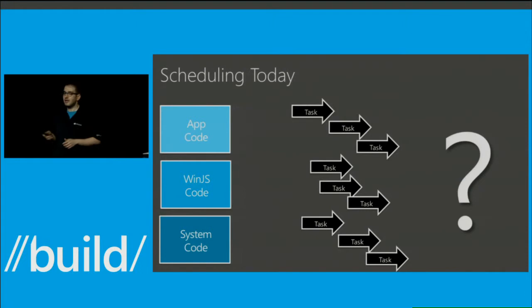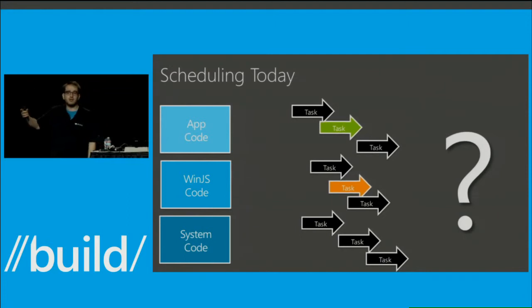And in the end, it's hard to really control the final experience the end user sees in a predictable, reliable way. Because when these different tasks all complete and come together, it might result in a slightly different order of how things appear on screen or how things show up for the user. For example, maybe you wanted that task there that is in green to get completed before that task there that's in orange. And there's no really good way to do that today.